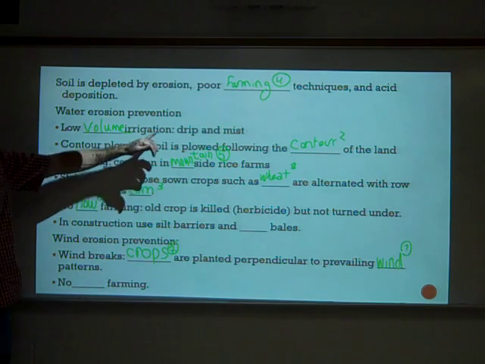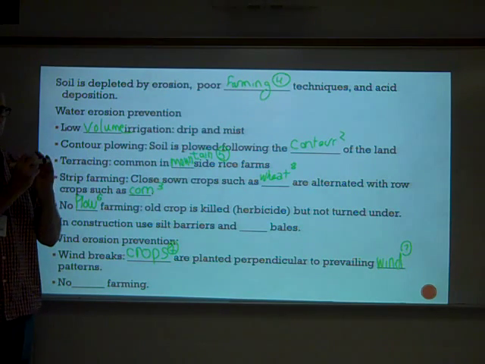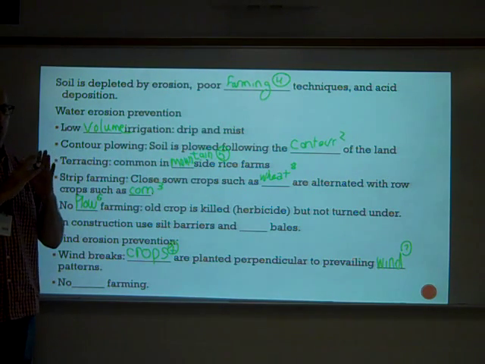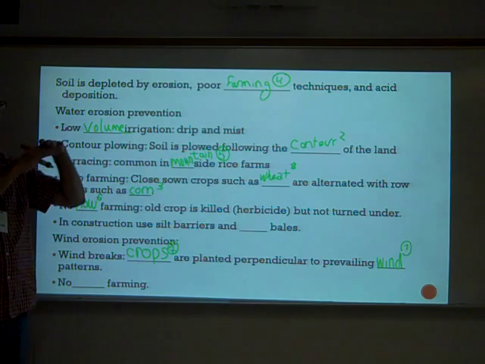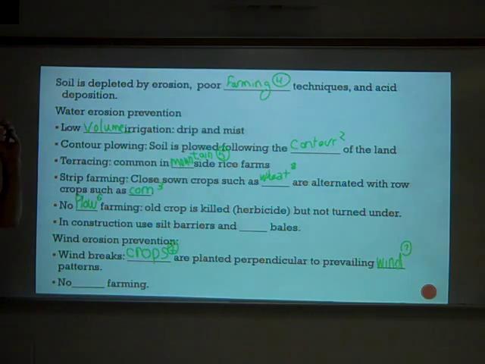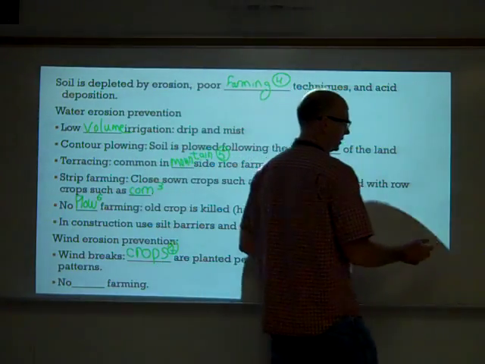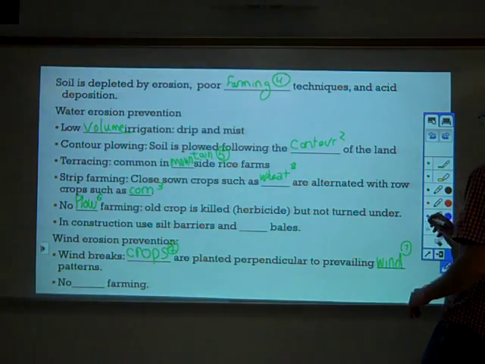So drip systems have basically a small opening for the water to come out, so there's not much that comes out, but then it hits a little overhanging plate that allows it to drip down onto the roots. If you see these things, you'll recognize them because they tend to have a cloud of mist around them. That's why they call them drip mist.